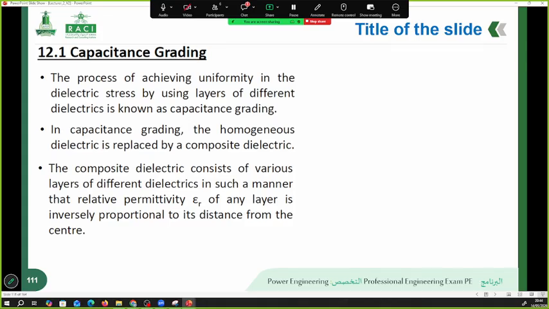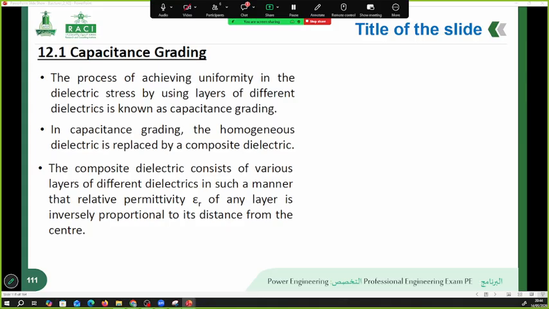And we have capacitance grading, a technique used in high voltage cables to achieve a more uniform dielectric stress across the insulation. This is accomplished by replacing the single homogeneous dielectric material with a composite dielectric. The composite dielectric consists of multiple layers of different insulating materials.